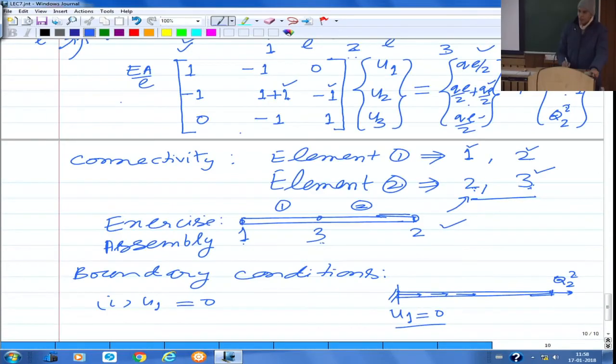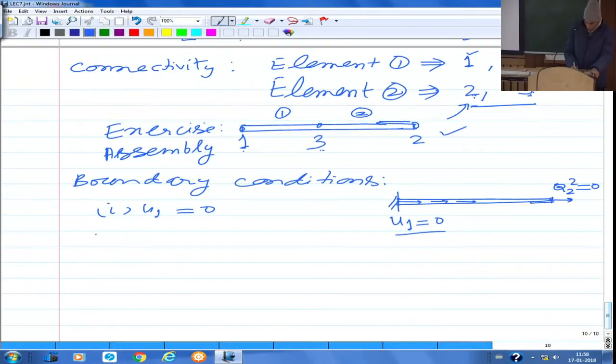Q22 is equal to 0. So the second condition is that Q22 is equal to 0, that is, du by dx is 0 at the right end of the rod. Q22 is EA into du by dx, not from the approximate solution, but from the real solution. That is why we are writing it as a force, we haven't written it from the approximate solution.